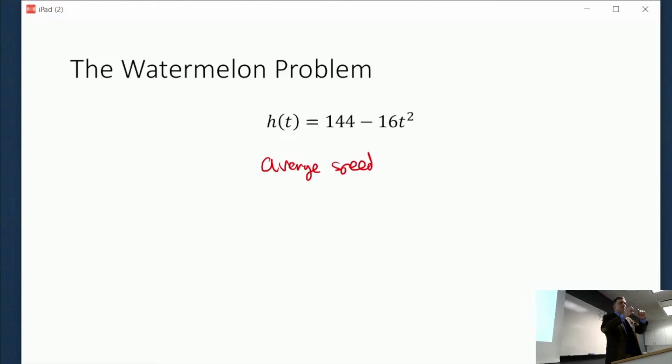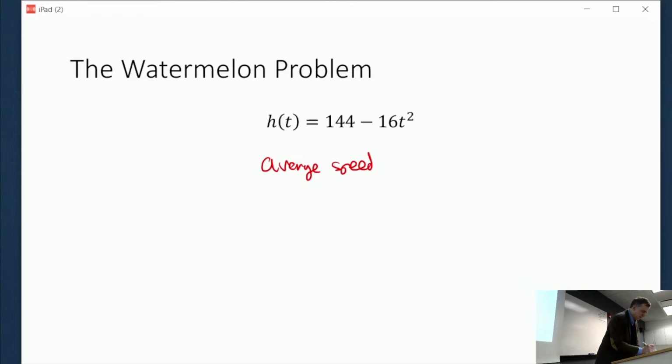We did the average speed for the last second, and I believe it was 80 feet per second. It takes 3 seconds for it to hit the ground, so if you do it from 2 to 3, you get an average speed of 80. And then if you do it from 2.5 to 3, you get an average speed that's a little bit more, and so forth.